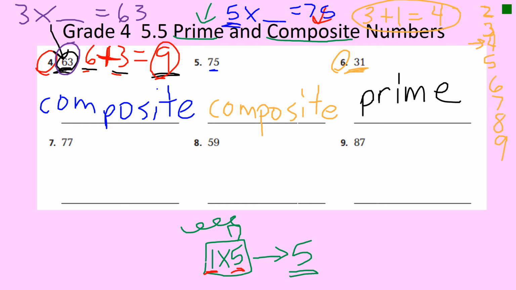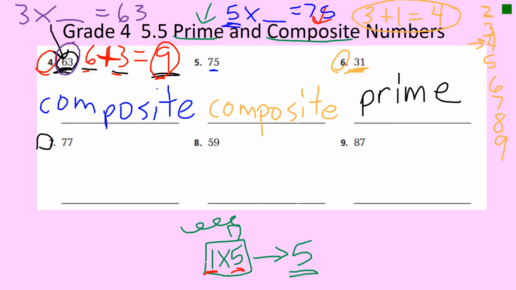And you know what? You're going to get to the point where you just remember some of the prime numbers, like 31. Of course, you know 2, 3, 5, 7, 11, 13. You know those. But 31, that's a good one to just remember. All right, let's check number 7 really quick here. 77. Boys and girls, who knows their 11 times tables?